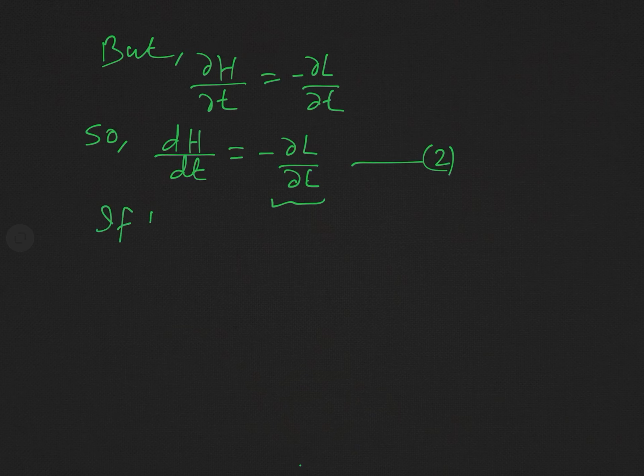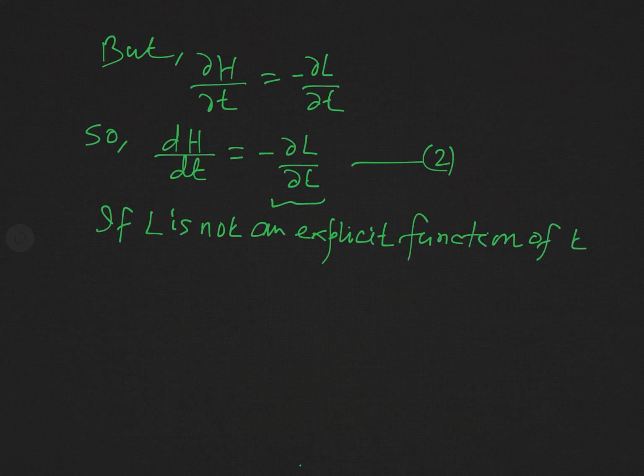So you can write, if L is not an explicit function of t, then this ∂L/∂t is equal to 0. And so in that condition, dH/dt will be 0 in accordance with equation number 2.